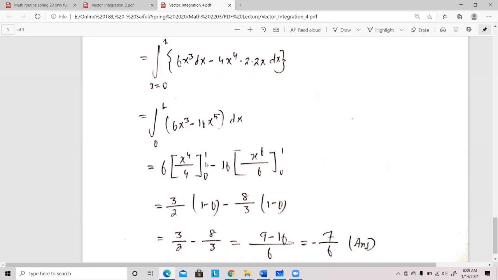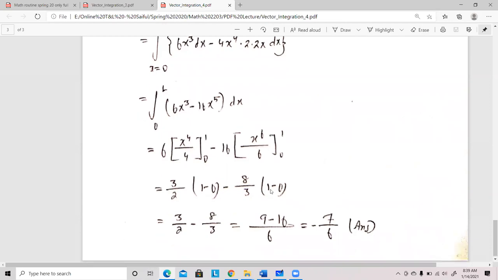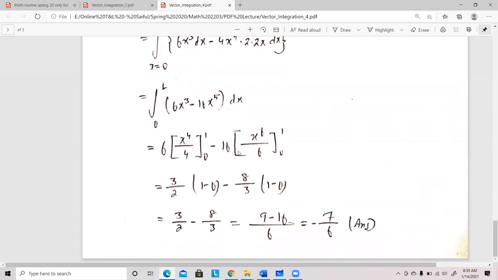Now if we impose the upper limit and lower limit, it will be 1 minus 0, since x is 1 in both cases. And after simplification, 16 by 6, it will be 8 by 3, and eventually finally we get minus 7 by 6.